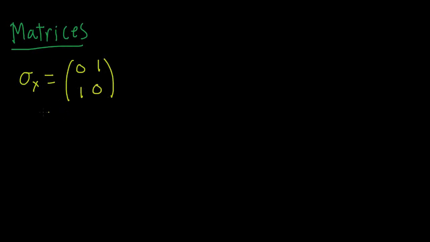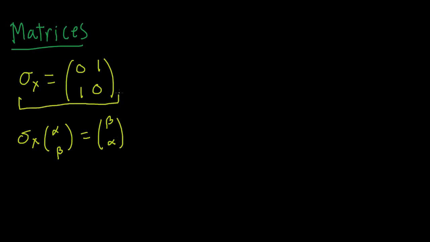Now, once I tell you what this expression means, you will immediately see that sigma sub x acting on alpha and beta equals beta alpha. This is just a new notation. That's just a new way of writing this exact same thing.